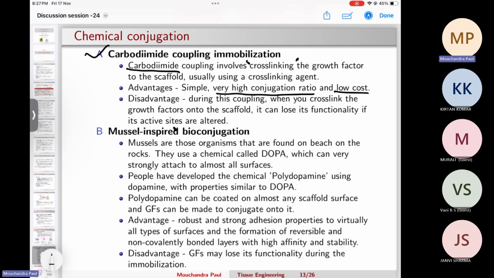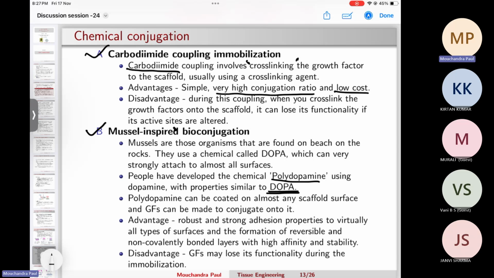Then another way of chemically conjugating or immobilizing your growth factors onto your scaffold is through using a chemical called polydopamine. This chemical is very similar to a chemical which is naturally found in nature, dopa.